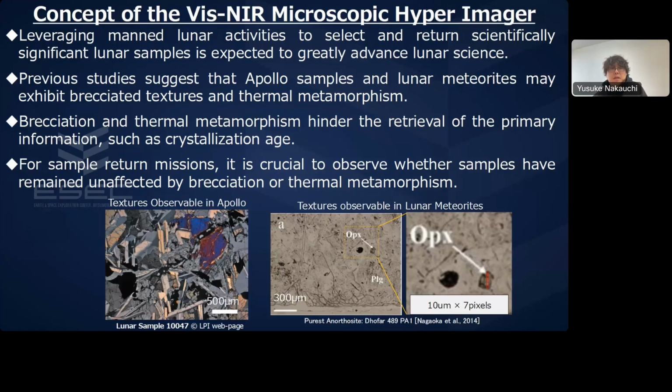In such cases, brecciation and thermal metamorphism make it difficult to obtain the initial information. Therefore, in sample return missions, it is crucial to observe whether samples have remained unaffected by brecciation or thermal metamorphism.